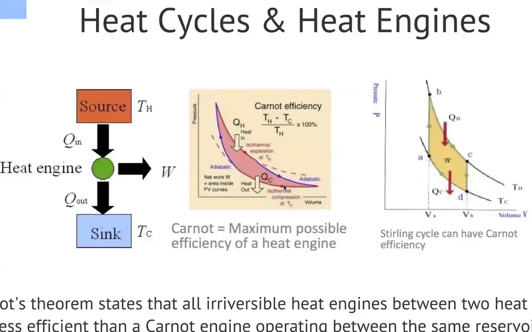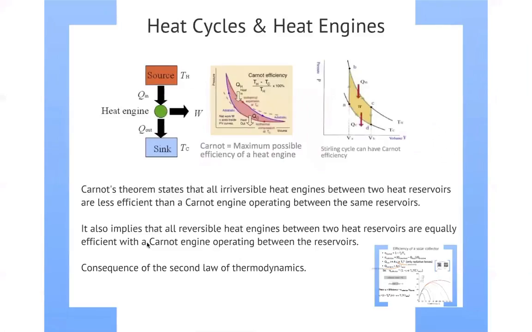What Carnot's theorem says is that the work done divided by Q in, which is the heat in, cannot be higher than this number right here, the Carnot efficiency, which is TH minus TC over TH, or 1 minus TC over TH.